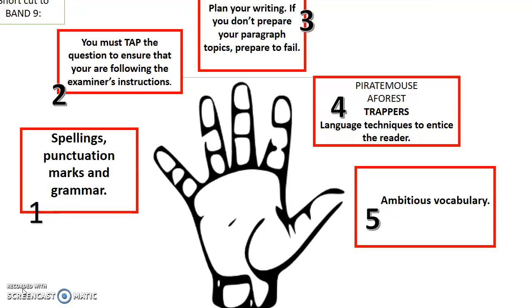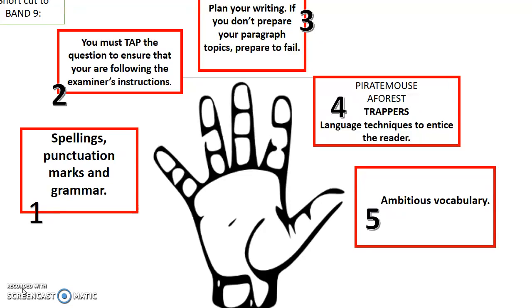Even if you've written the most beautiful, fantastic essay, if you've misspelt several words, if your sentences don't make sense, it will look completely chaotic, and as a result, you have no chance of getting band 9. So please, please, please, if anything, this is the most important step in the whole process, and this applies to question 5 for papers 1 and 2.